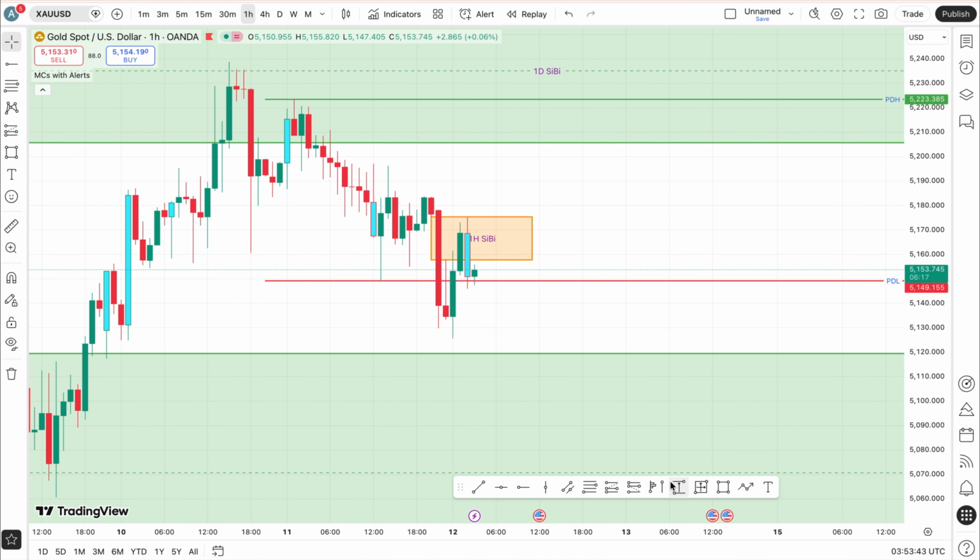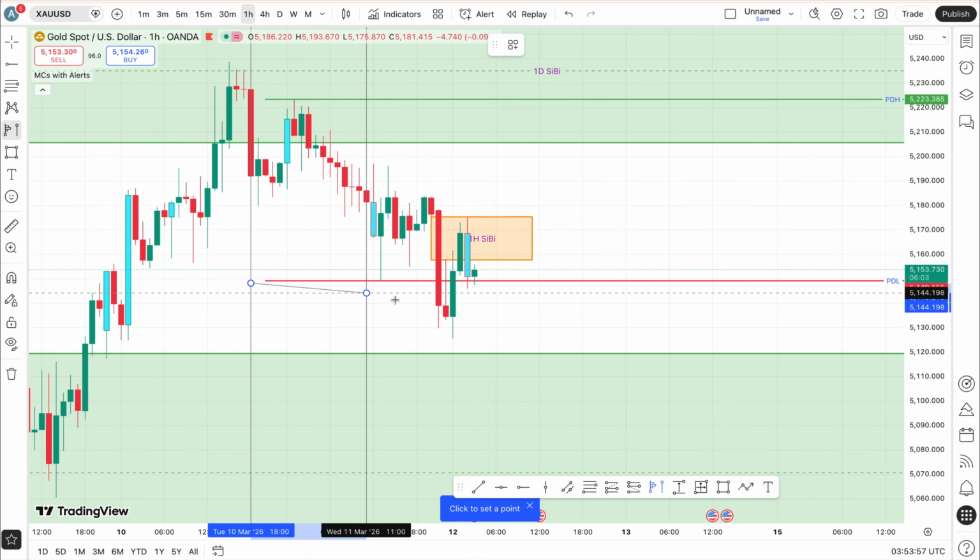We now move on to our daily volume profile. As you know, when a day starts, we first mark the previous day's volume profile. So Tuesday at 1800 hours until Wednesday at 1600 hours.